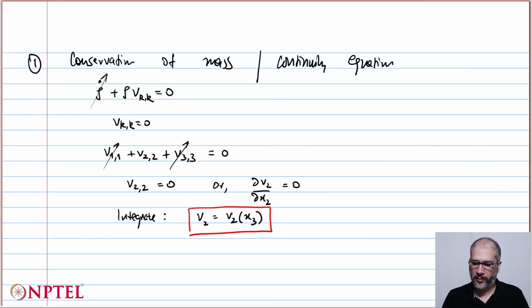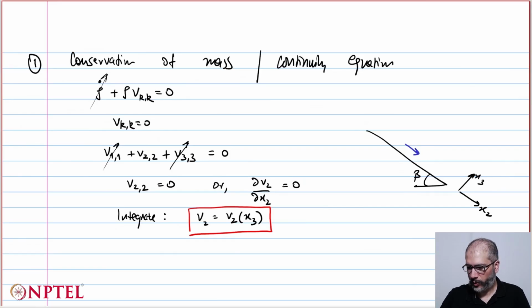Now the meaning of V2 being a function of x3 is that for this incline that we have, which is making an angle of beta with the horizontal, our velocity, where x2 direction is this and this is x3, and what we are saying is that the velocity that we have in this direction, that's V2, is only a function of x3.